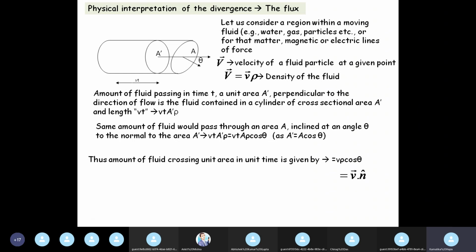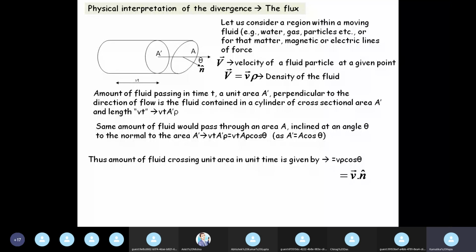But V rho cos theta is V dot n cap. Because V rho, see here, V rho is the V vector and cos theta, where n cap is this normal. So V dot n cap will give you V rho cos theta. All right. So why did I show you this?